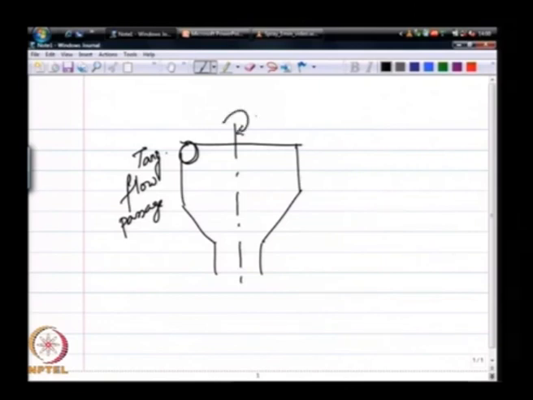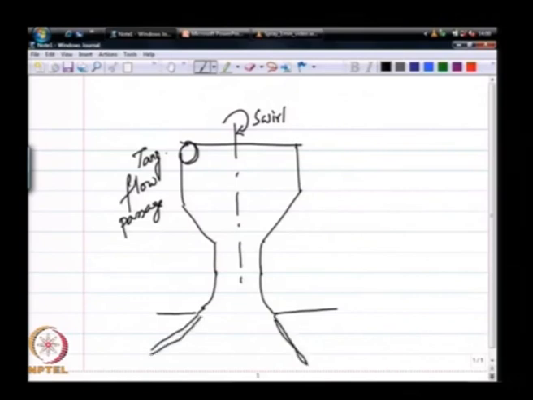So, that creates a certain swirl action inside the spray nozzle, and by shaping this exit passage appropriately, I can control the angle over which the liquid film will depart. So, this versus if the passage was only sort of like that, then I would get a spray that is slightly narrower in the spray angle. So, by shaping the exit geometry of the simplex spray nozzle, one can control the actual spray angle.